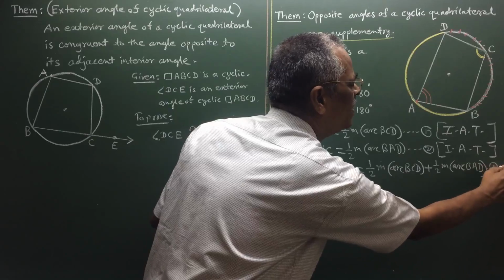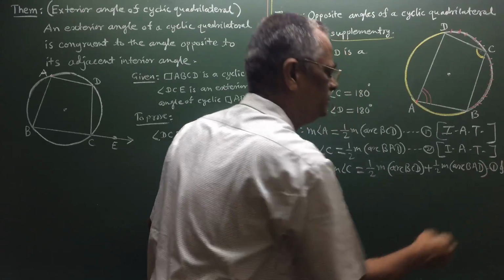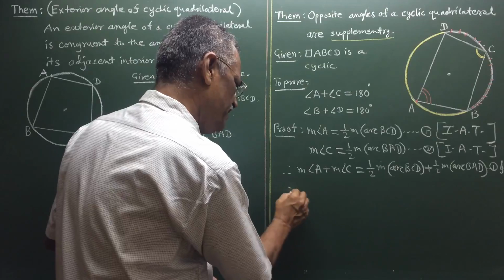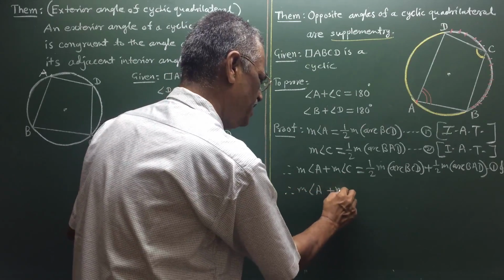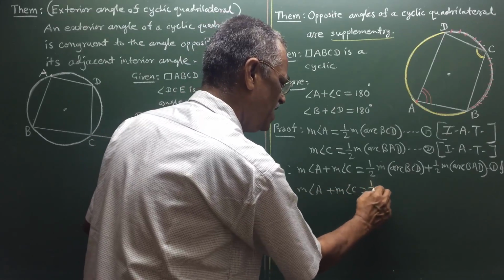When we add them, we are getting measure of angle A plus measure of angle C. Half is common.